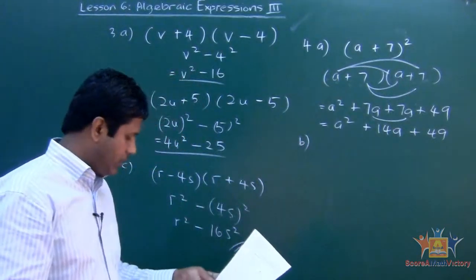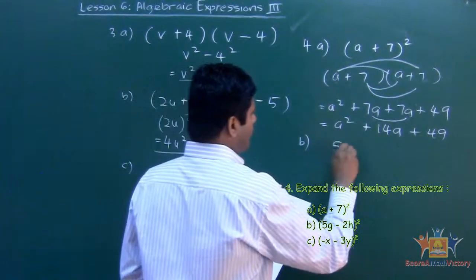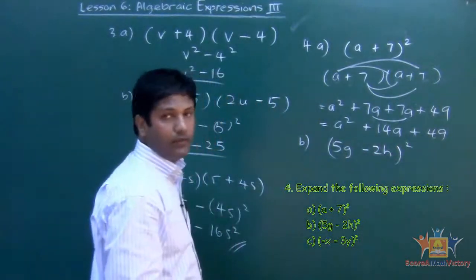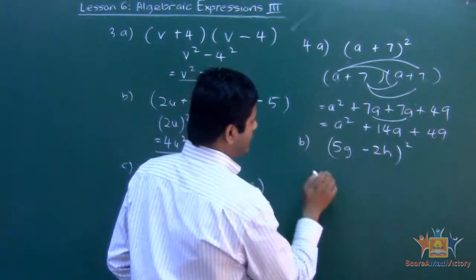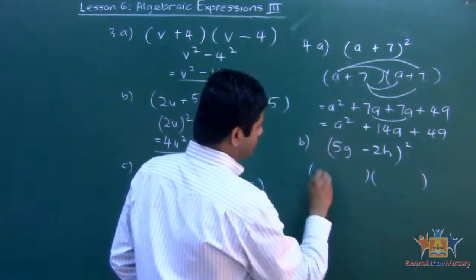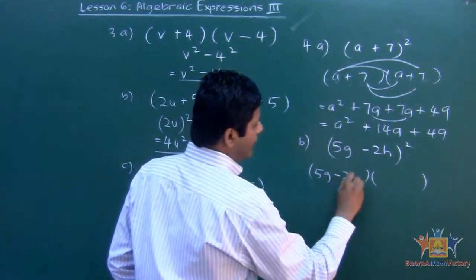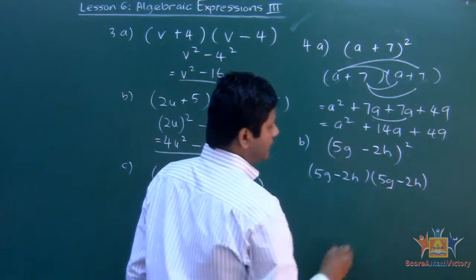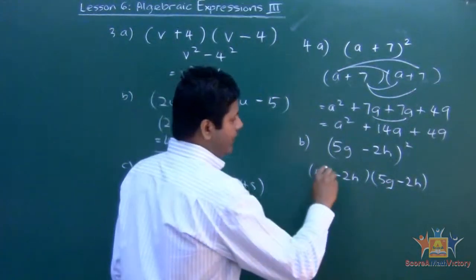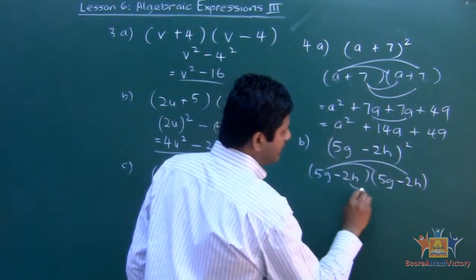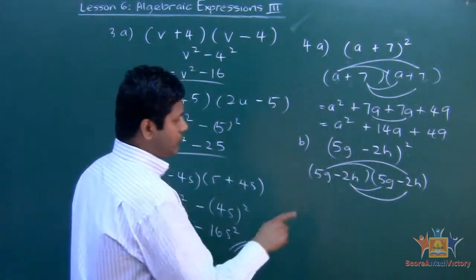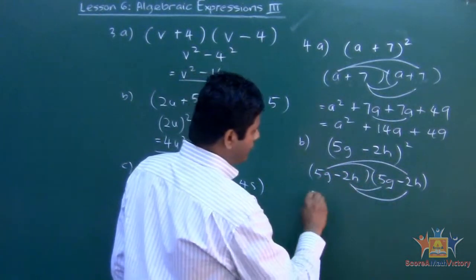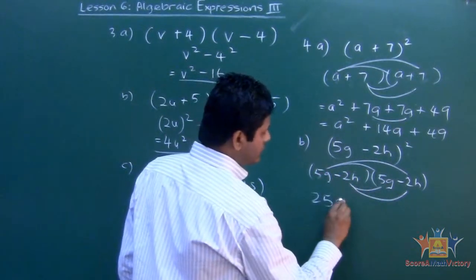So let's do b. You're given 5g minus 2h squared. We repeat this twice and multiply, so 5g minus 2h, 5g minus 2h. We use the shooting arrow, first on the top one and then the bottom one. 5g times 5g, 25g squared.